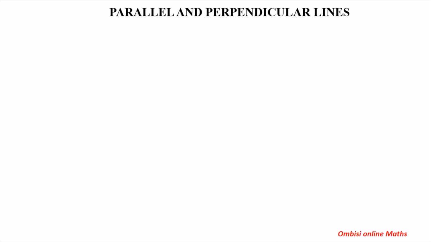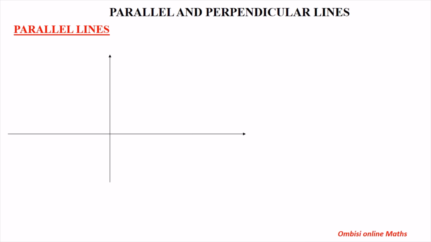Now, first of all, let us look at what parallel lines are. Take a Cartesian plane, xy. Have the first line as line 1 and the second line as line 2.